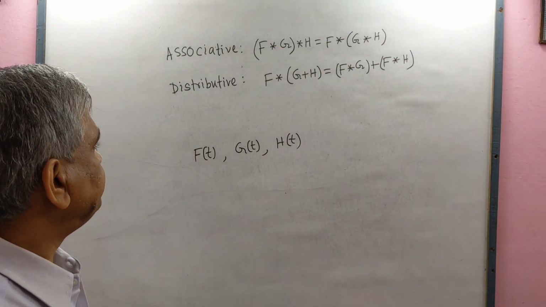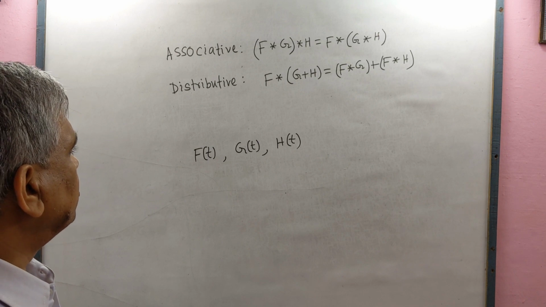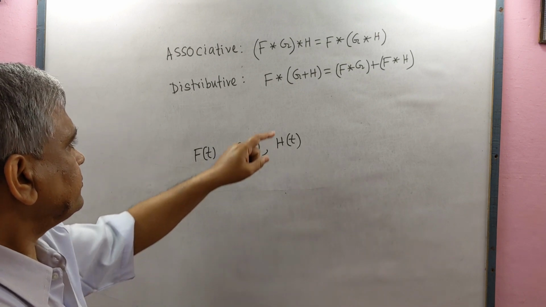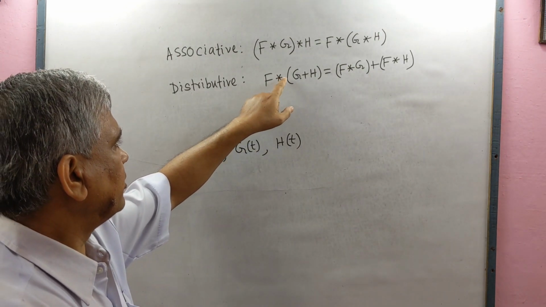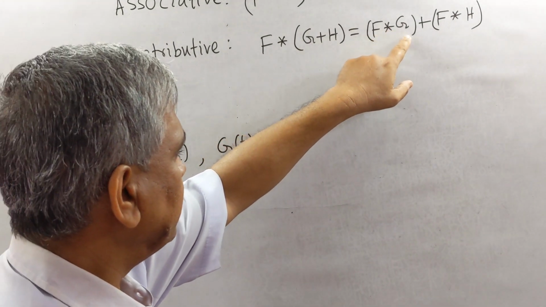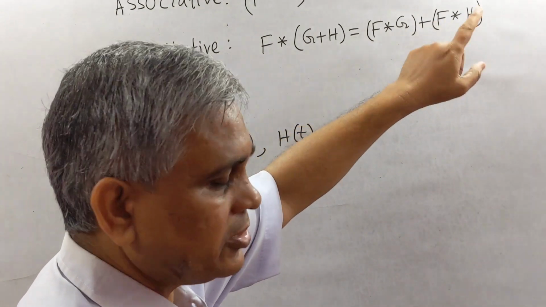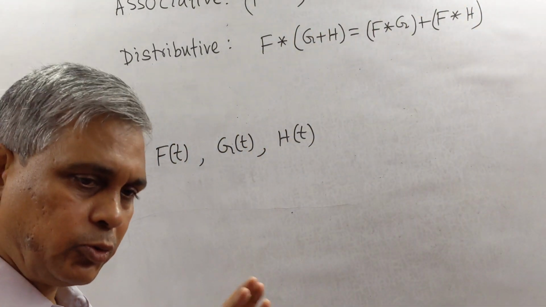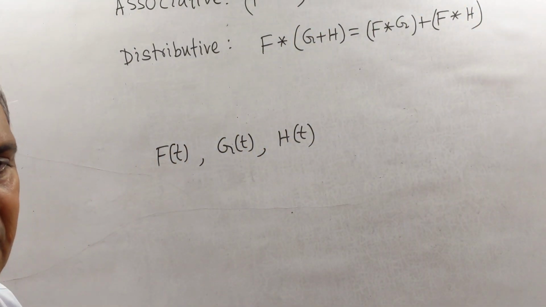This is associative, and also distributive. f star bracket g plus h equal to f star g plus f star h. We may prove this very easily.